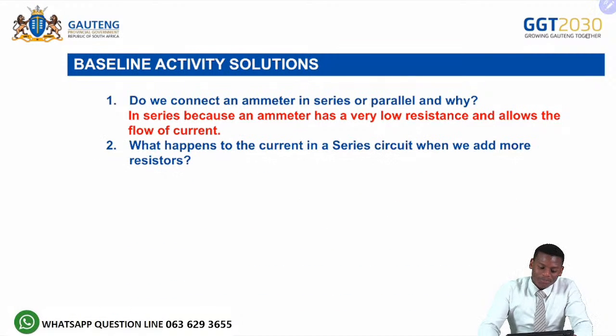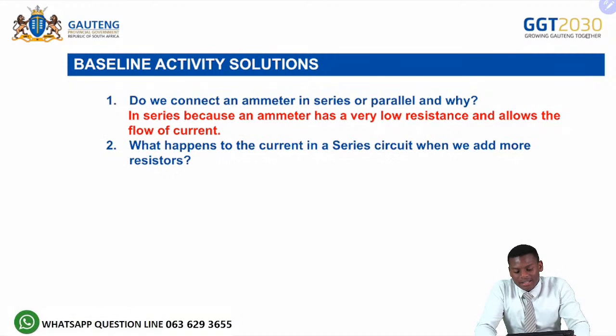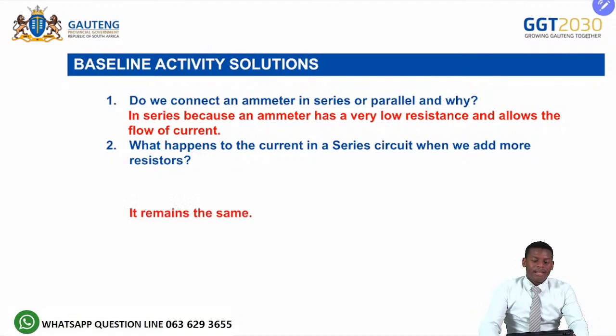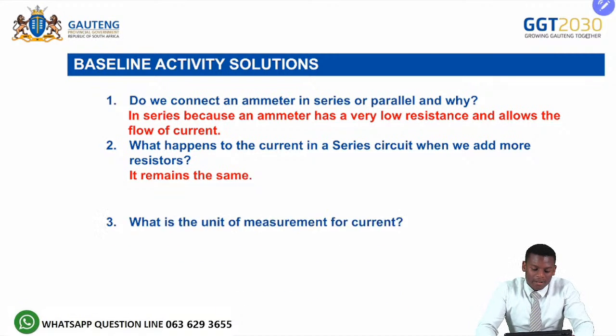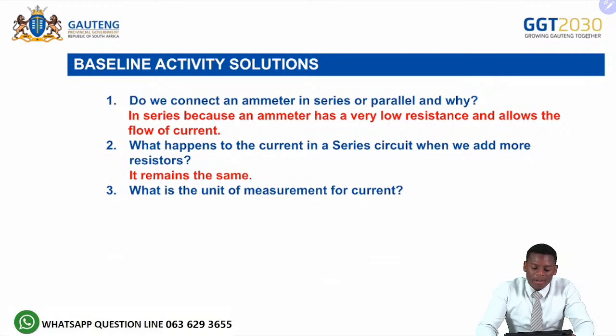Number 2. What happens to the current in a series circuit when you add more resistors? Yes, it remains the same. Current remains the same when you add more resistors in a series circuit. Number 3, what is the unit of measurement for current?